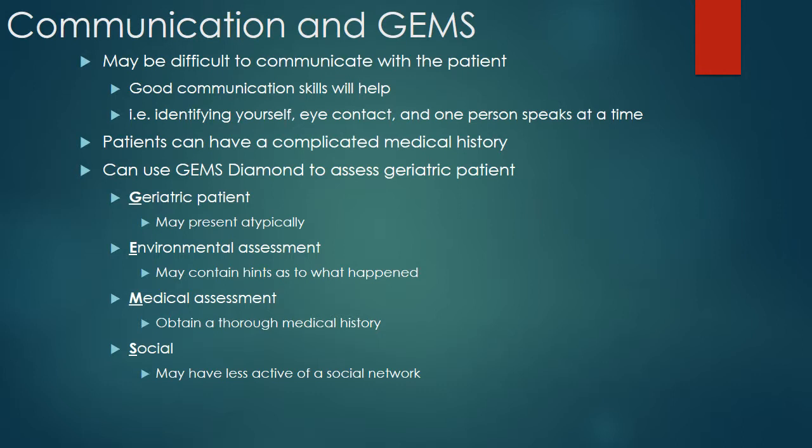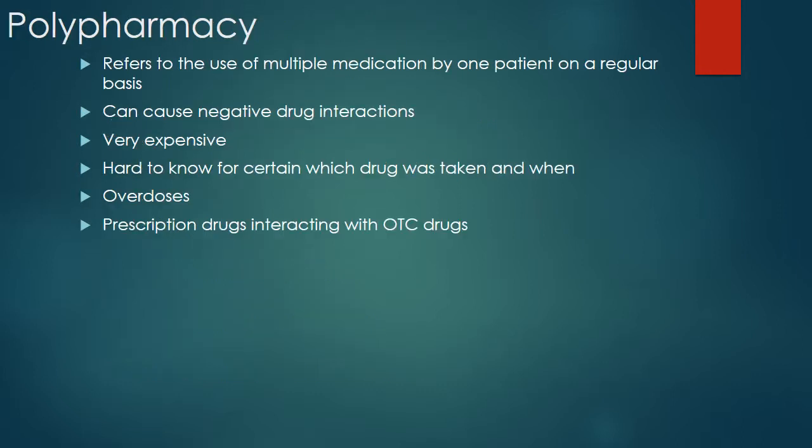They may have a less active social network, which can affect your ability to obtain information about the patient if the patient is unresponsive or not fully alert. It can make it hard to get an accurate history of the patient.